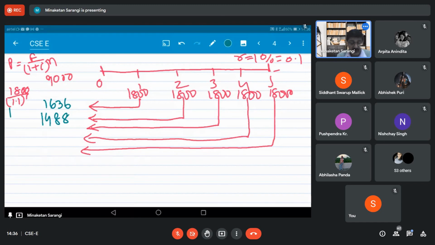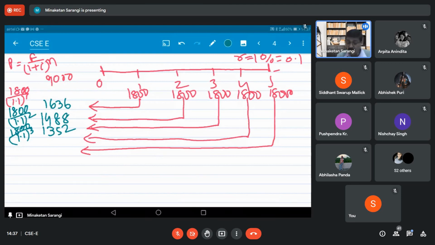For the third year, similarly, 1.1 to the power 3 is 1.331. So 1,800 divided by 1.331 comes to 1,352.